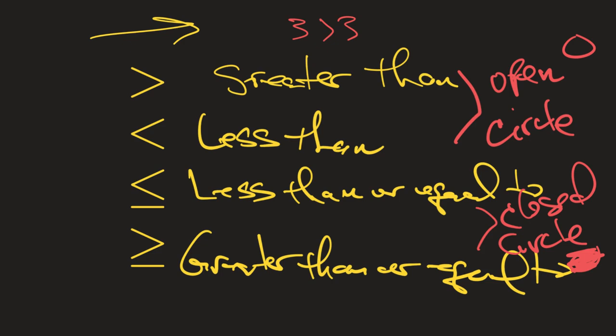Closed circle means include that respective value in your solutions. Because here's the thing with inequalities. We've solved a lot of equations lately. Solving equations, you end up with an answer, a number or a value, that satisfies a mathematical sentence.